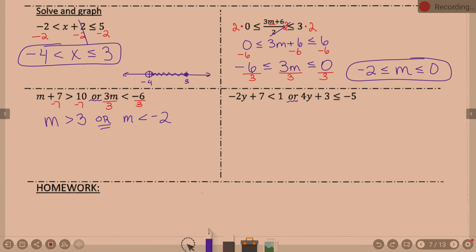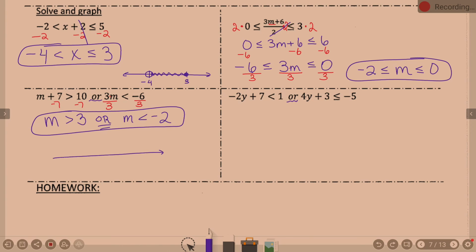Why am I not done? Do I have my m's by themselves? Yeah, you do. And it's an or statement, so you can't put it together. It's m greater than 3 or m less than negative 2.